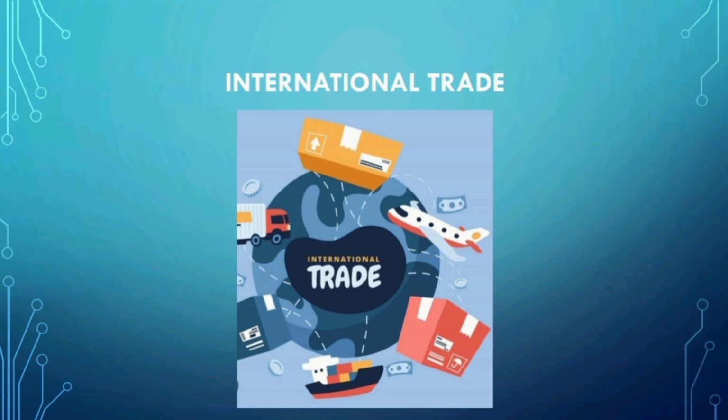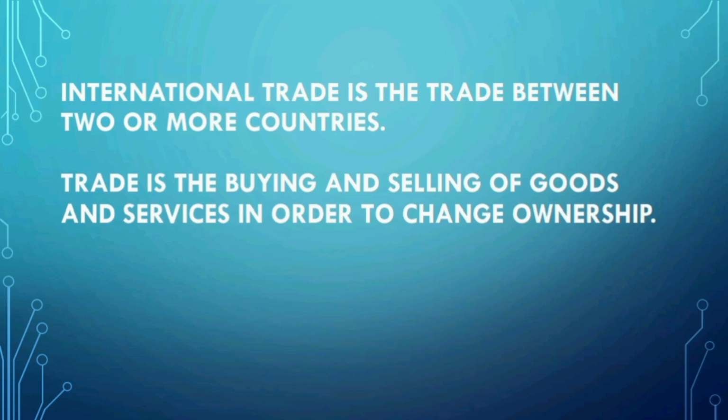So when you buy and sell any good or a service, you are trading. So now you should be able to fathom what international trade is. International trade is when you buy and sell goods and services between countries.